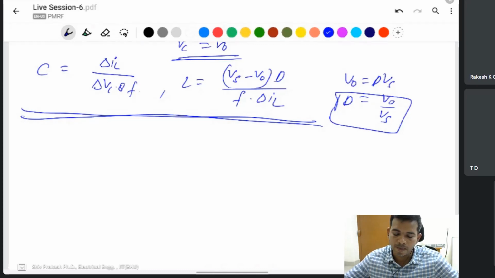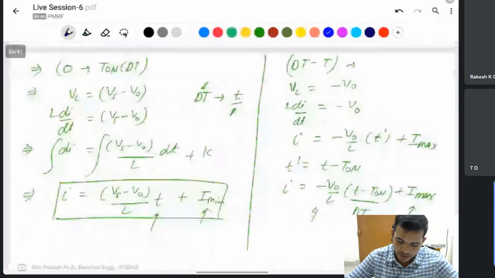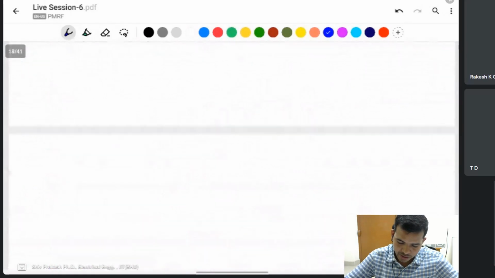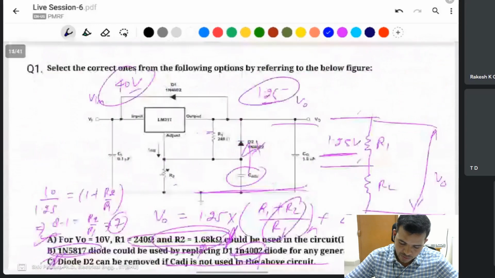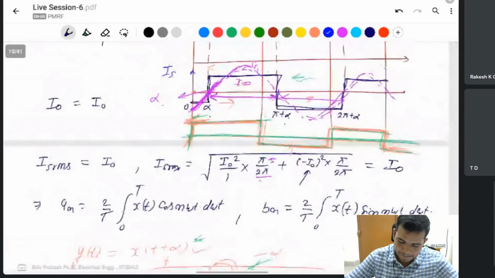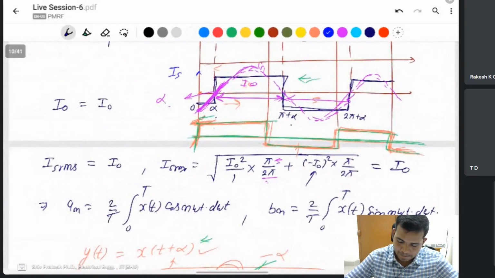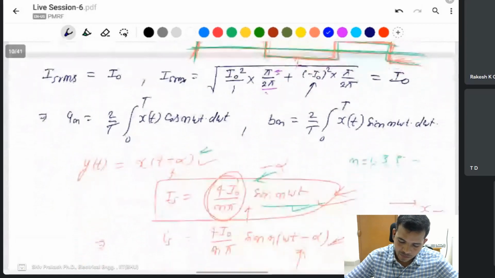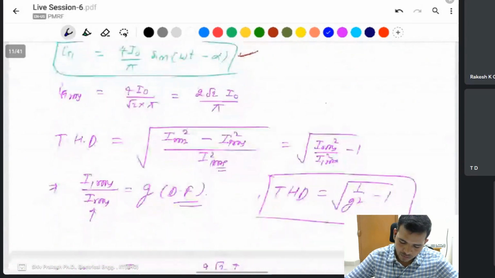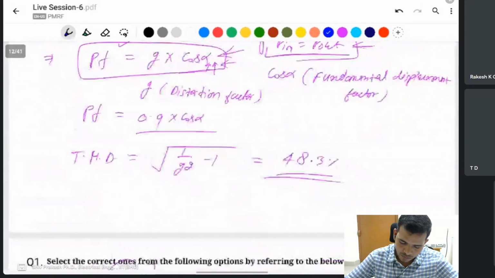Suppose I1 RMS, how are you calculating this? By substituting n equal to 1 in the standard expression. Yes, Is1 RMS you can calculate as the fundamental RMS. Yes, sir. But you need to take the square root of 4 I naught by pi sin omega t, squaring and taking the root of the term. We need to go like that.